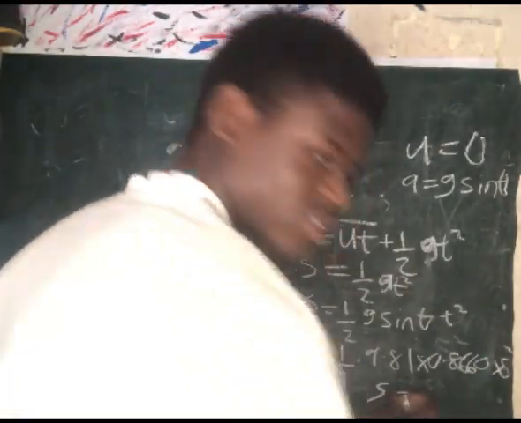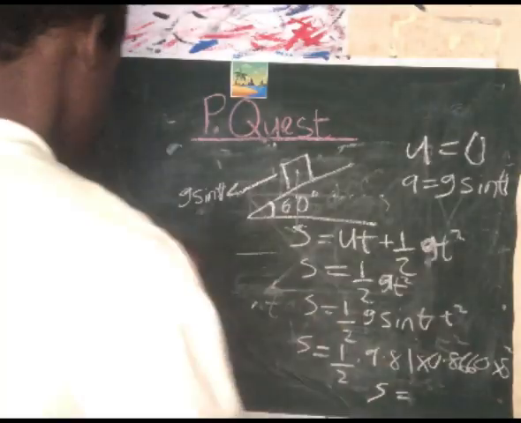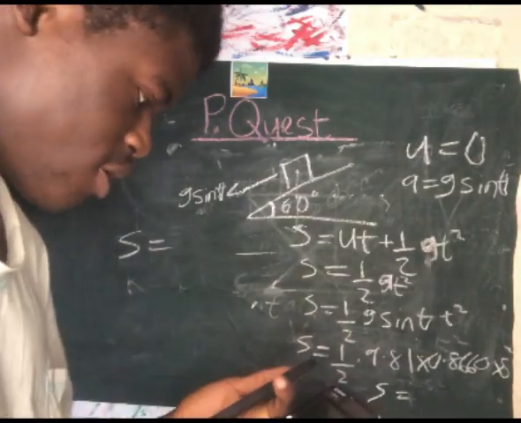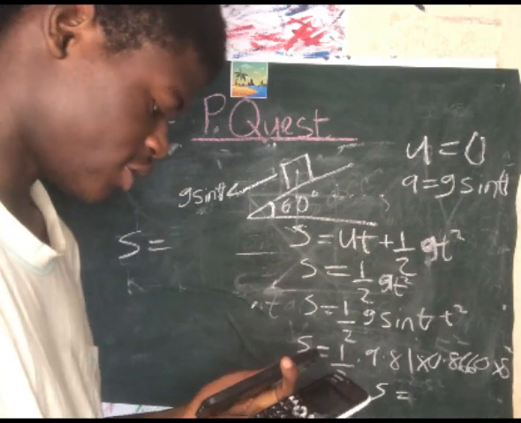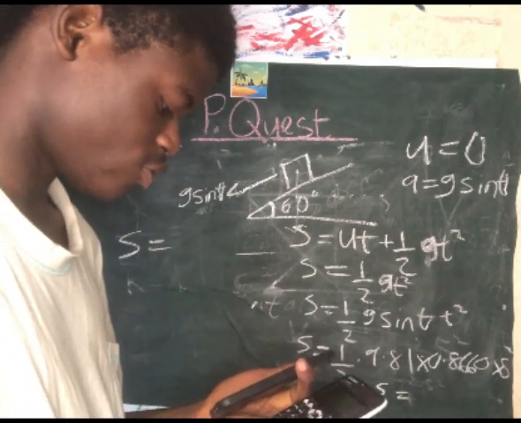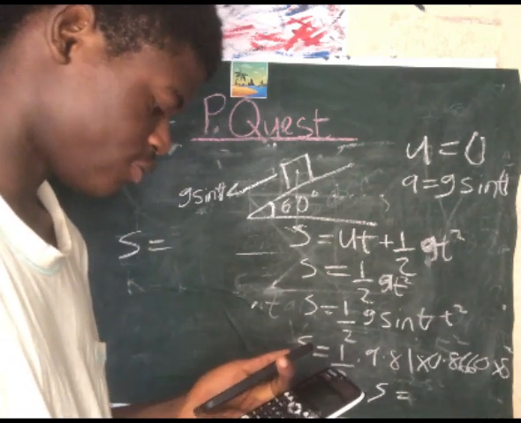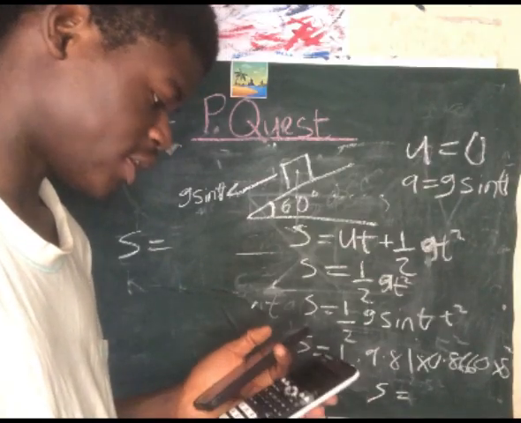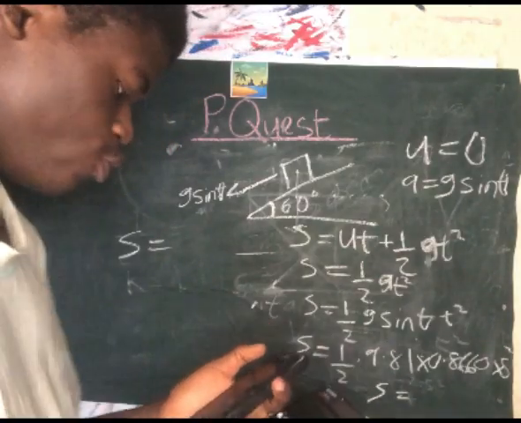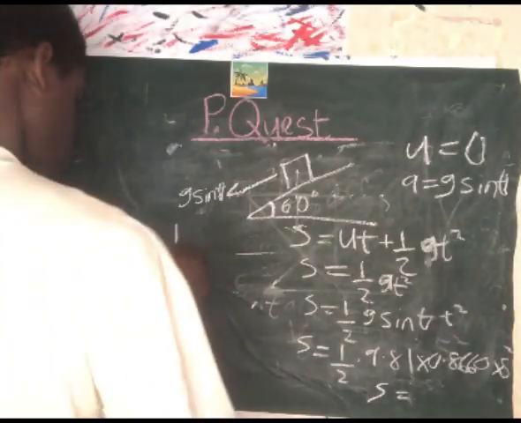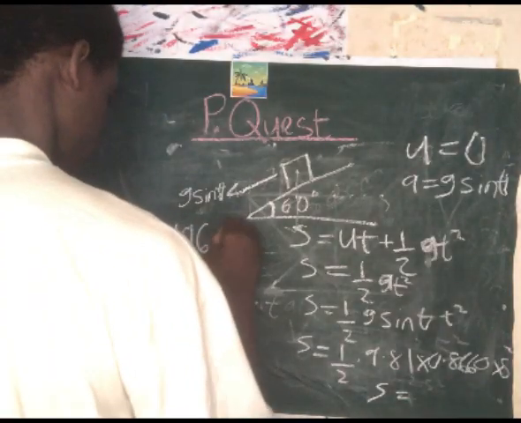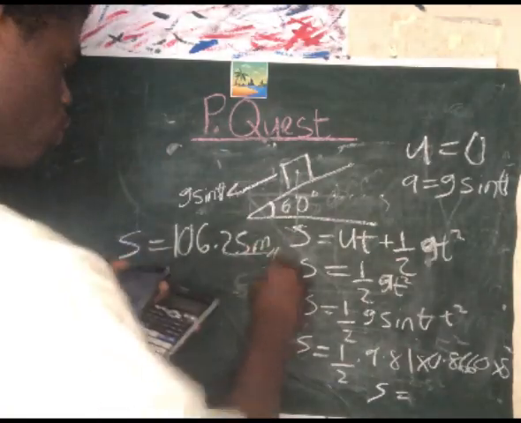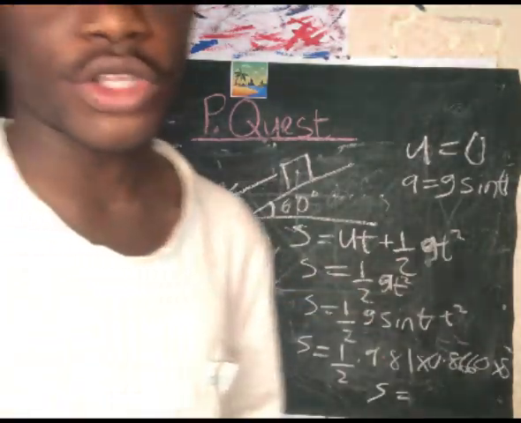And our answer, the distance, using the calculator, half g sine theta, 9.81, 0.8660 times 25. So the answer is 106.25. That's the answer. Option E, 106.25 meters. So the answer is option A, question number 9.